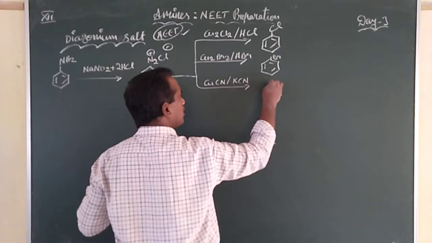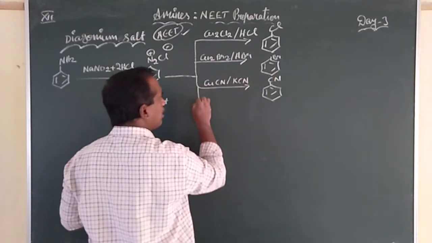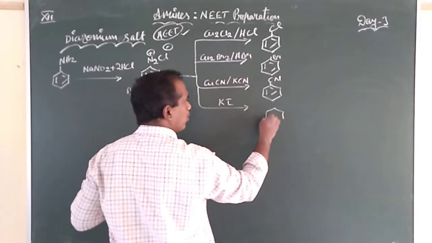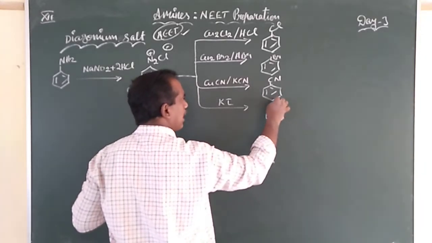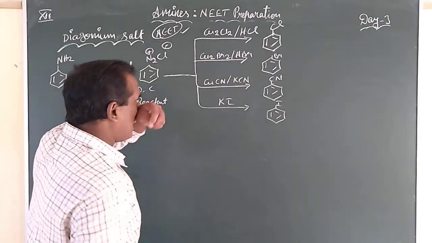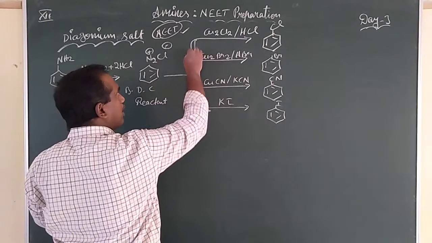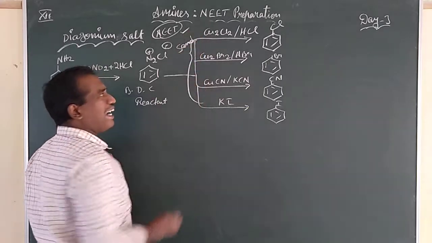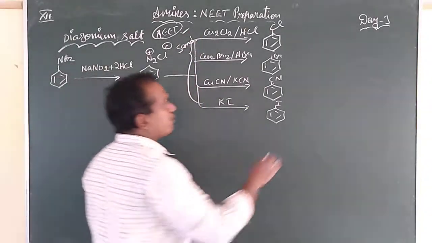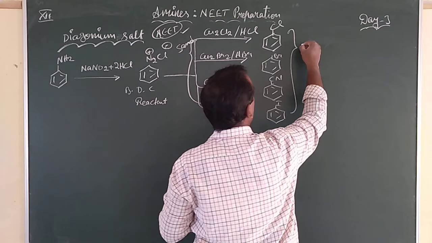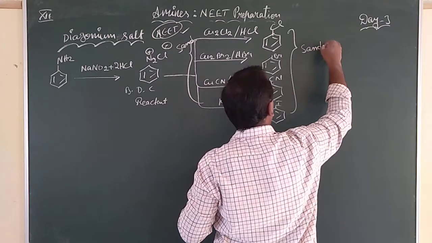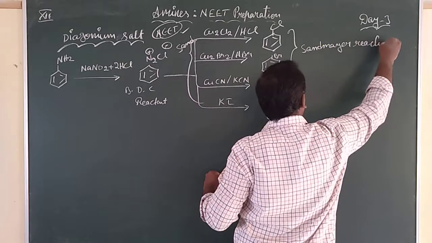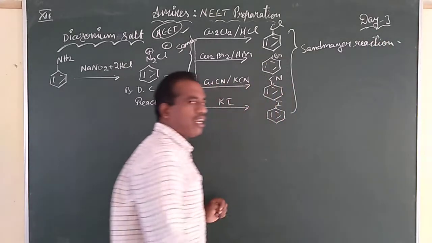Or if you react this with potassium iodide, it will form iodobenzene. See, this entire path that we have written from here to here comes under a named reaction called the Sandmeyer reaction. Now there is an interlink with chapter number 10.